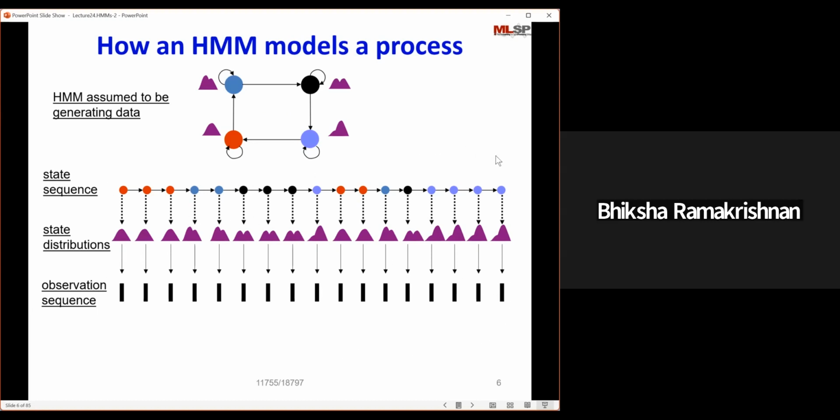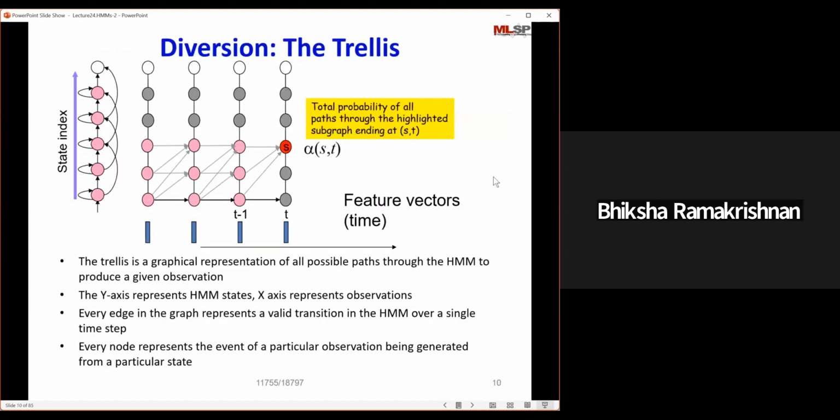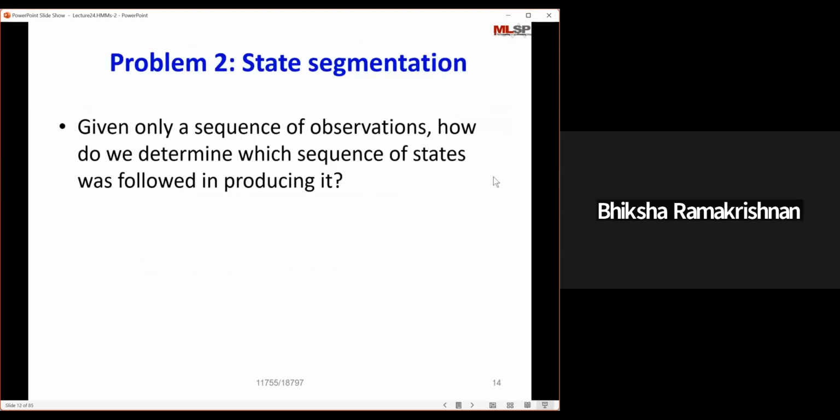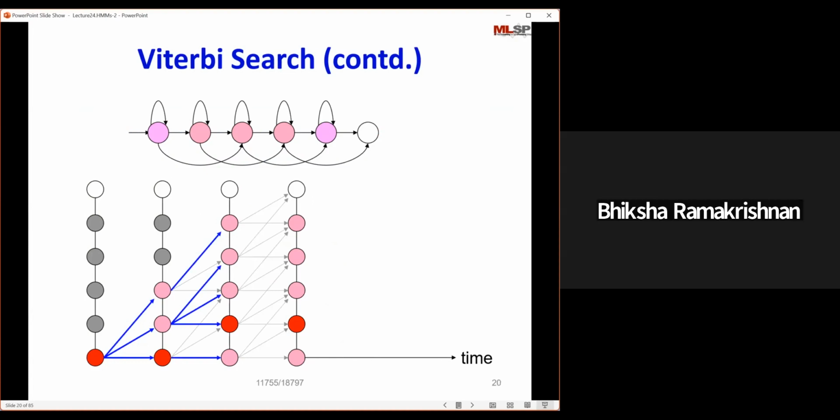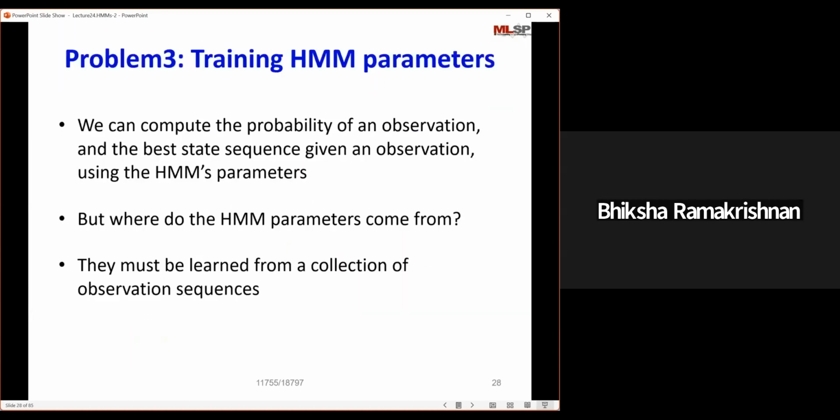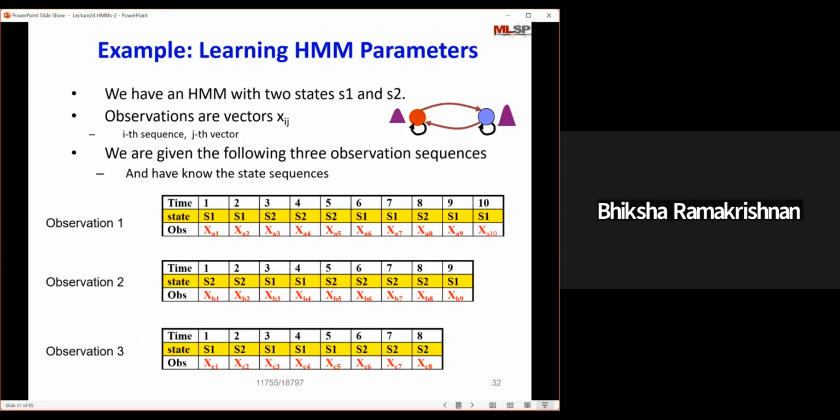But I'm assuming for now that somehow some oracle has also given you this thing on top. And so for each of your observation sequences, you know the actual state sequence followed in generating it. Okay? I'm just assuming that. So is that assumption clear? Because I'm going to use it.